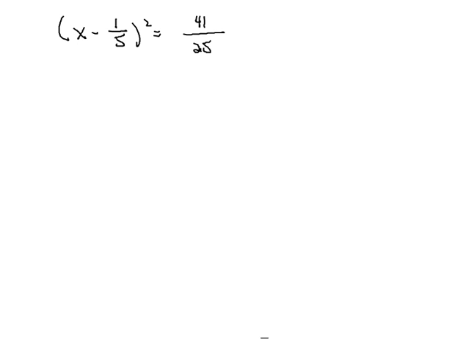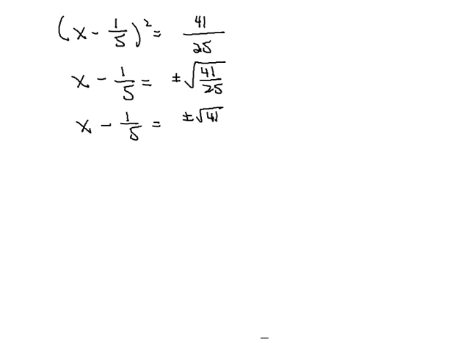And so if we take the square root of each side, we're going to have x minus 1/5 is equal to plus or minus the square root of 41 all over 25. And then we have x minus 1/5 is equal to plus or minus the square root of 41 all over 5.